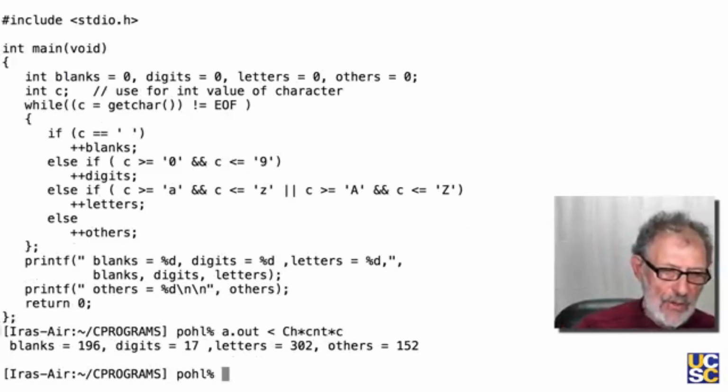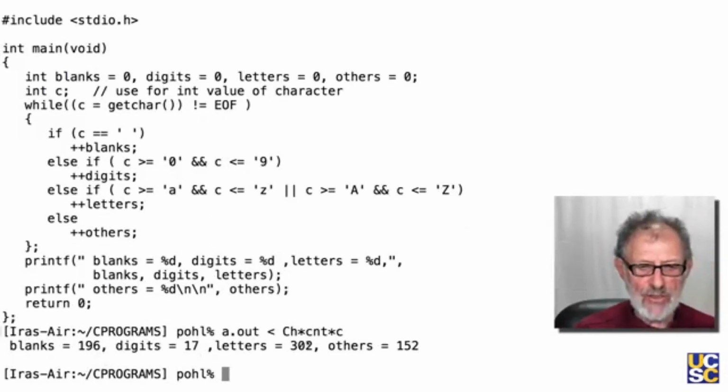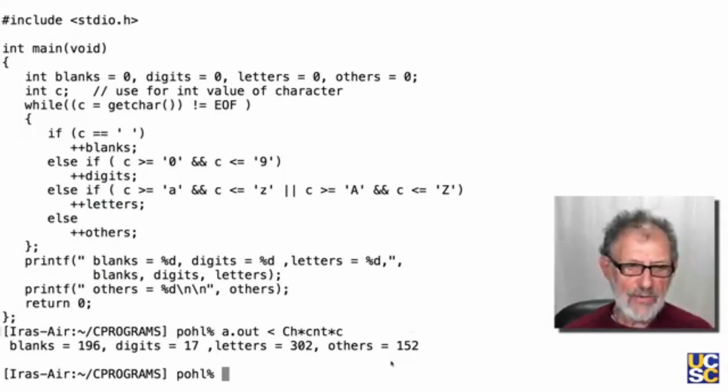And that program had 196 blanks, 17 digits, 302 letters, and otherwise had 152 other things sitting in as characters, which could include things like new lines and tabs. So they could be non-printable characters as well as printable characters.